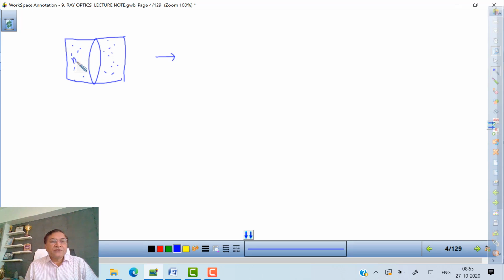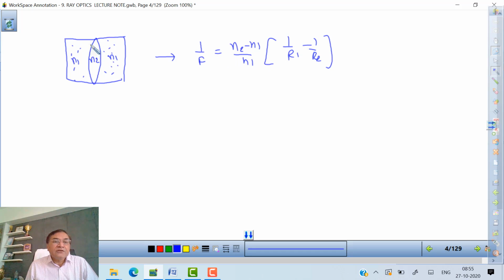Here refracting index is, suppose I say n1, I say this is n2 and this is again n1. તો તમને એવું સીધું ફોર્મ્યુલામાં ઈચ્છા મુક્ત થાય કે 1 upon f is equal to n2 minus n1 upon n1, 1 upon r1 minus 1 upon r2. So this f is within that.